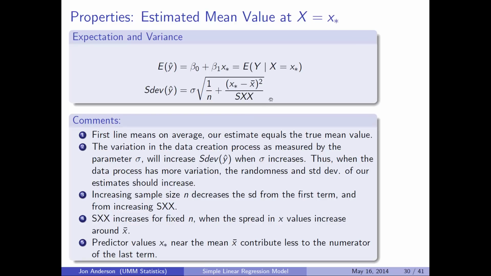More information reduces our uncertainty about what the mean function is like. The interesting thing that's going on here is that as you ask questions away from the center of the x predictor values, the variation of your prediction or your inference become more and more uncertain. As you move away from where you have a lot of data, your variation increases.